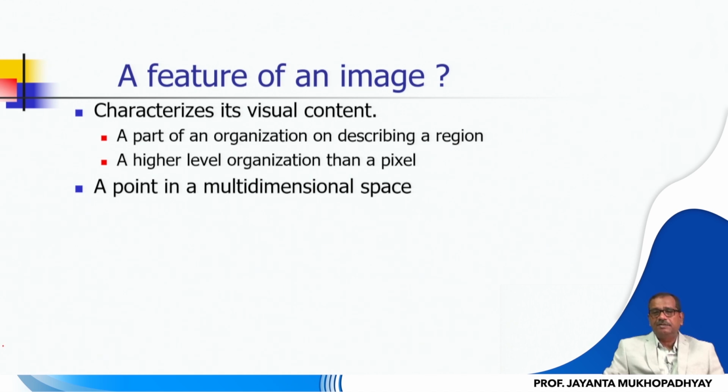But when we consider a feature description, which will be describing a particular part of an image, certain regions, or a pixel with its neighboring regions, that description should be richer, and we require a multidimensional description. So, mathematically it is a vector. This multidimensional space is usually a vector space for describing the feature of an image.